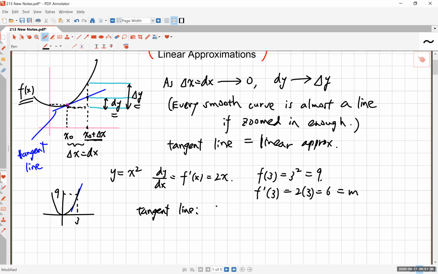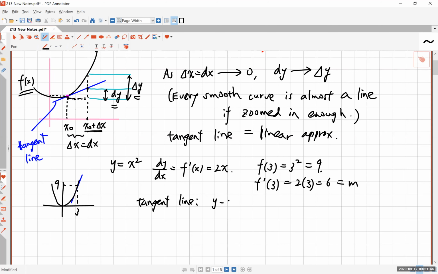I'm using what is called the point-slope form of the equation of the line. Remember, y minus 9 is equal to 6 times x minus 3. Okay, y minus 9 is 6x minus 18. y is equal to 6x minus 18, and of course you add 9 to it, and so this is your tangent line.